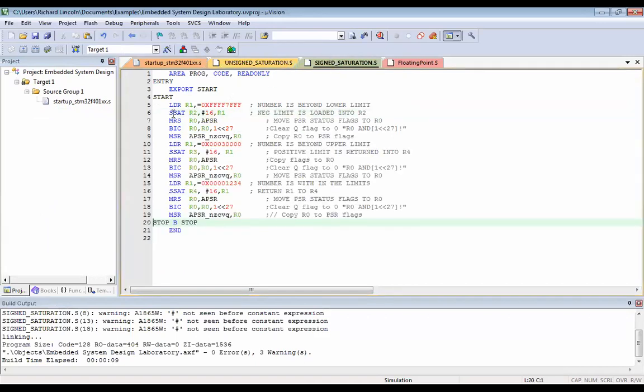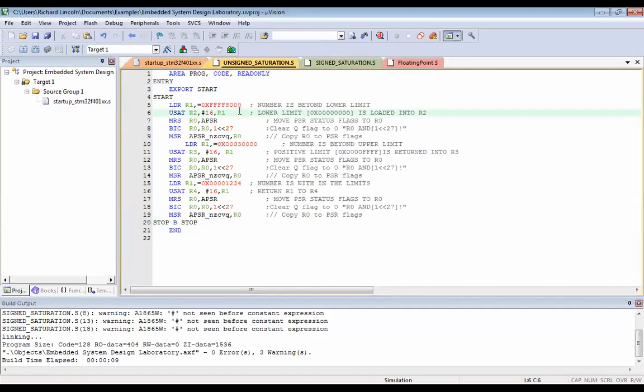See, SSAT becomes USAT. Similarly, we're going to compare, and we're going to move the PSR values to R0, and then do an ANDing operation. It's going to clear the bits, and those cleared bits are moved to the status flags.